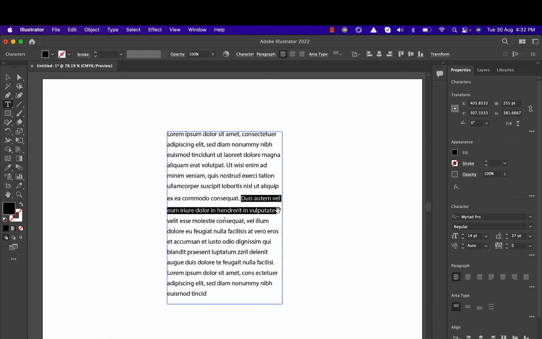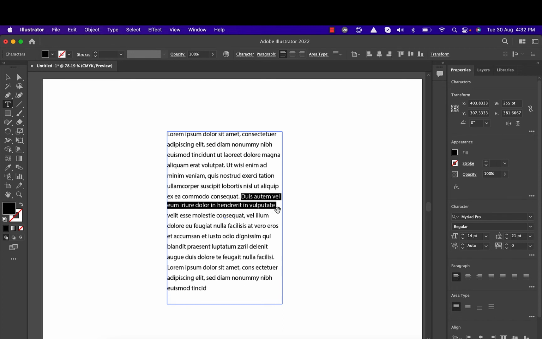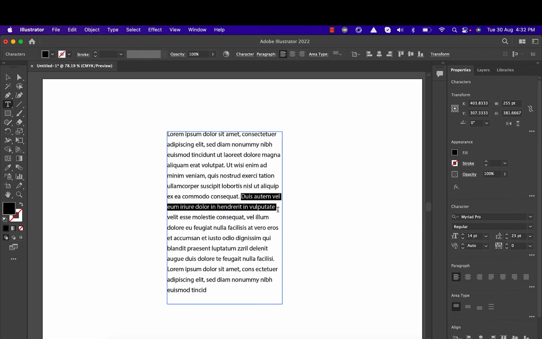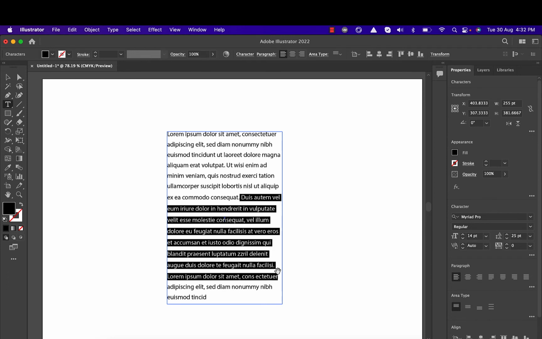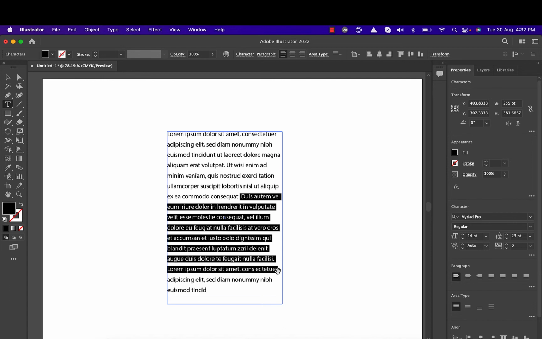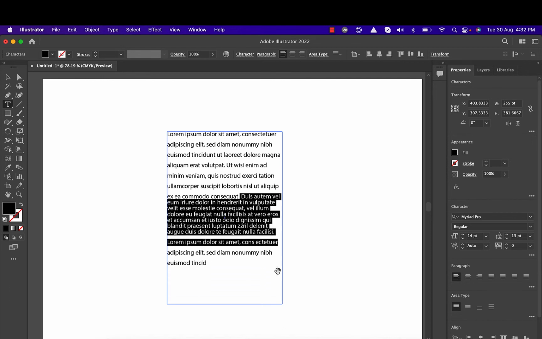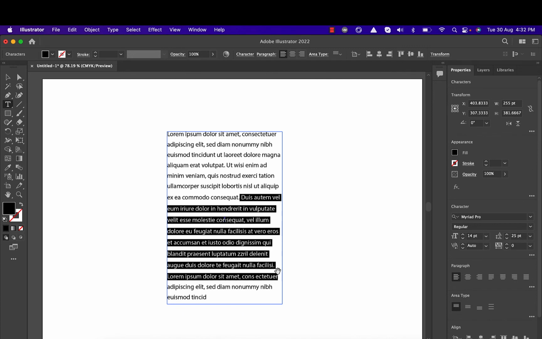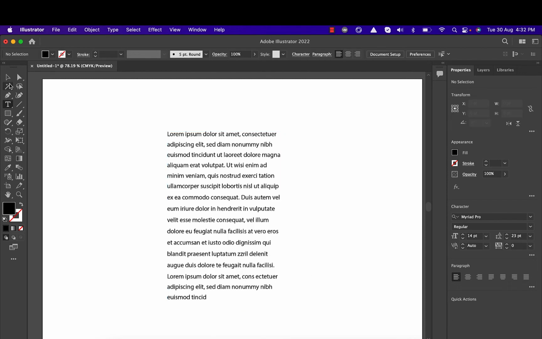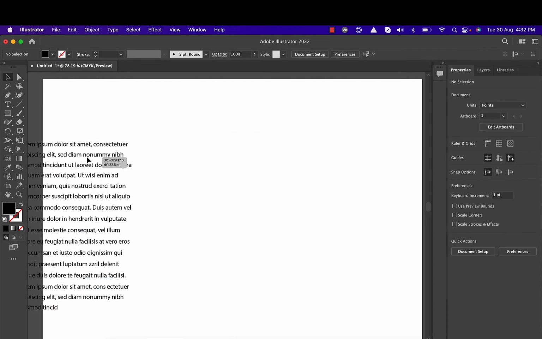You see? And if you select more than 4 lines, those 4 lines' typography will change like that. So you have to understand this: Alt with arrow up, arrow down. So this is called leading.